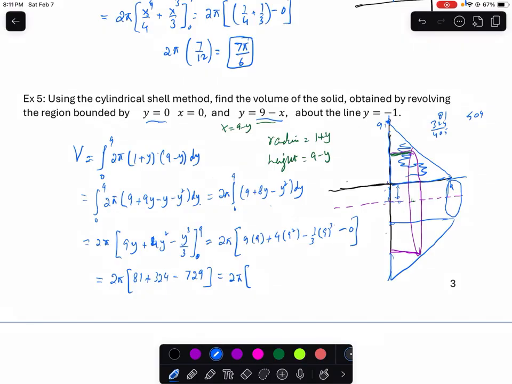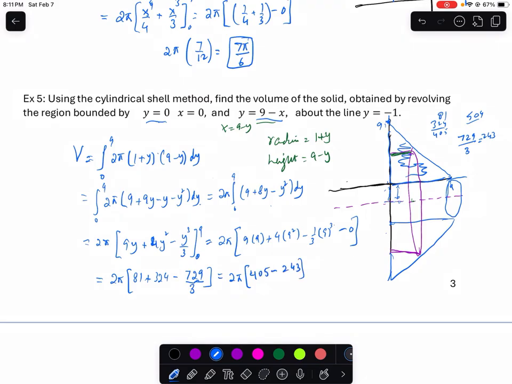No, so 729 divided by 3. We have to divide this by 3 as well. So which will give us 729 divided by 3 will be 243. So we have 405 minus 243.